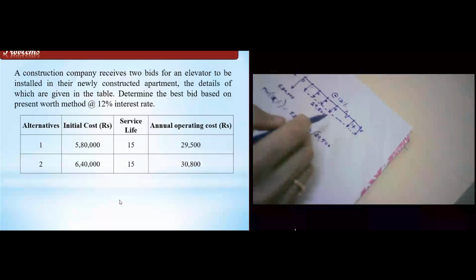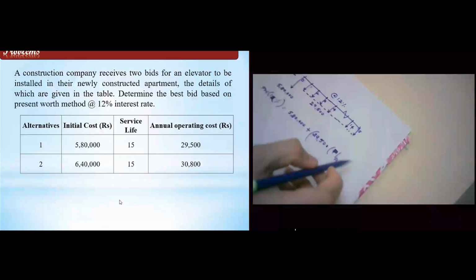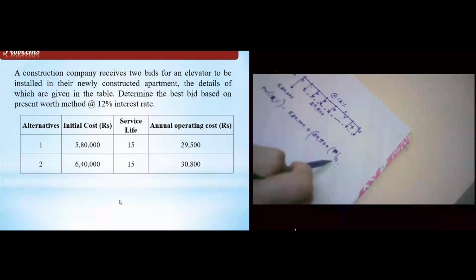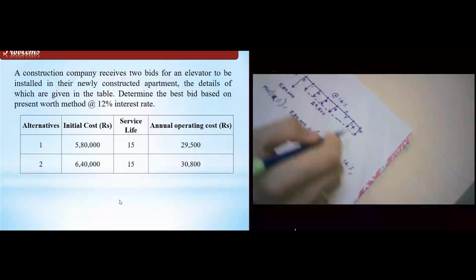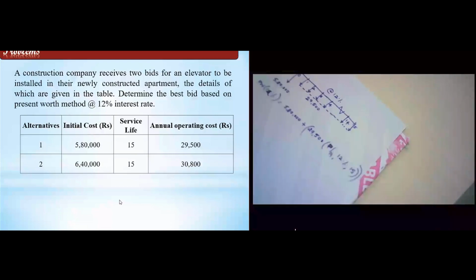That will be P by A, because we are going to calculate its present worth. Always the value which we need to find will be in the numerator, and the value which is given in the question will be in the denominator. Interest rate is 12%. Now you have 15 arrows, so n will be 15. So this will be the present worth of alternative one.